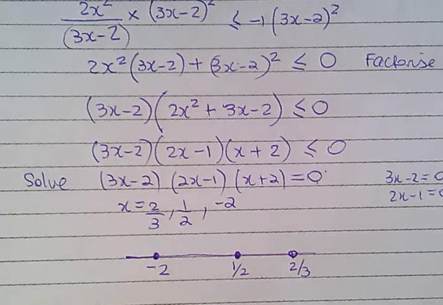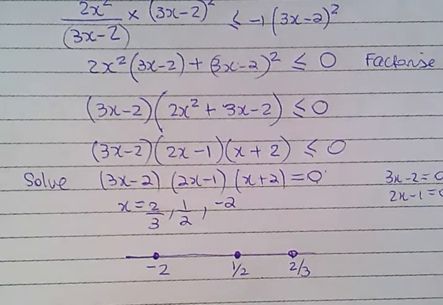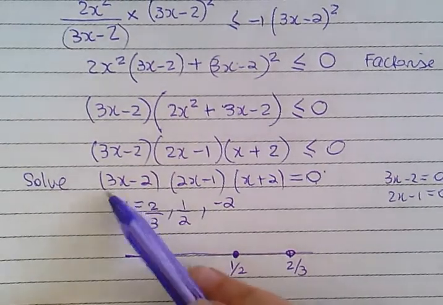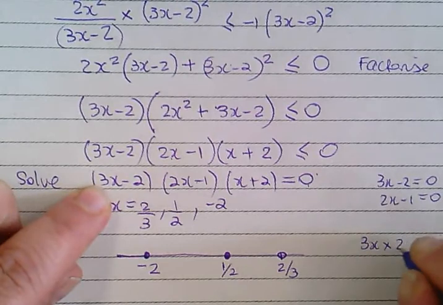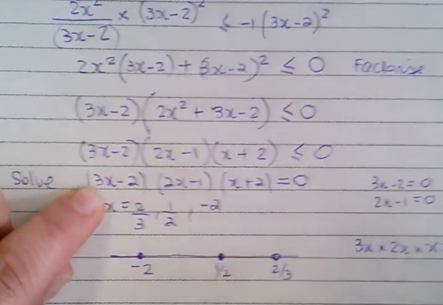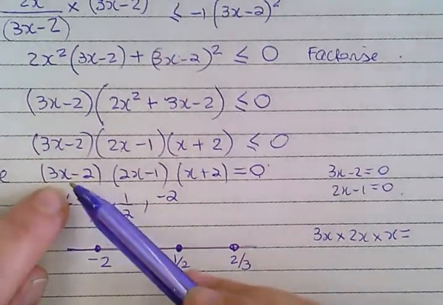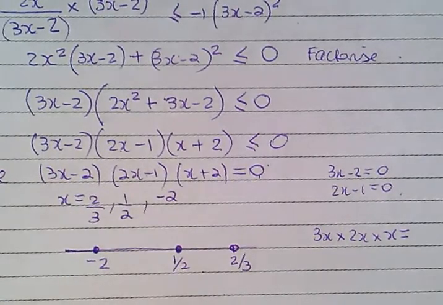Now, which way does this cubic go? Let's multiply the x terms together only. So I've got 3x times 2x times x. The only way, see, if I decided to multiply this all out, I'd only ever get x cubed once.